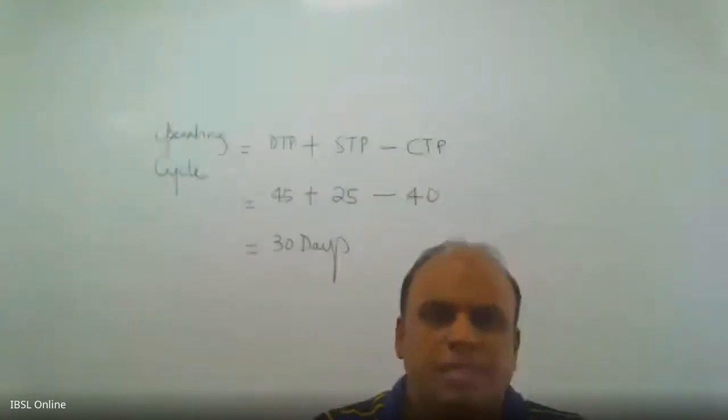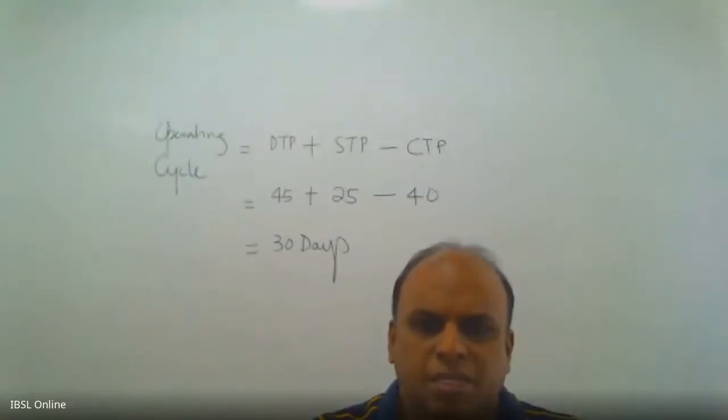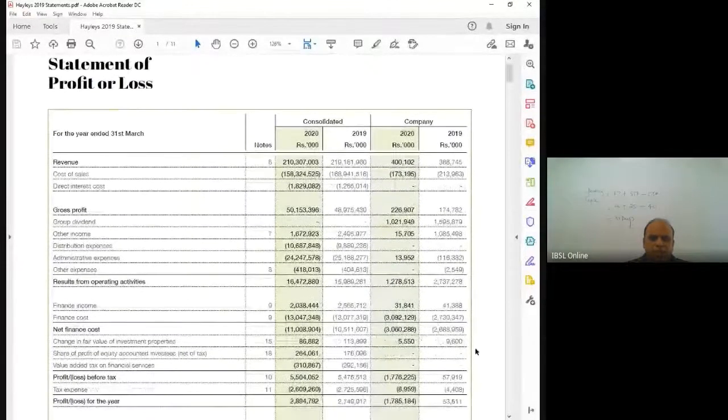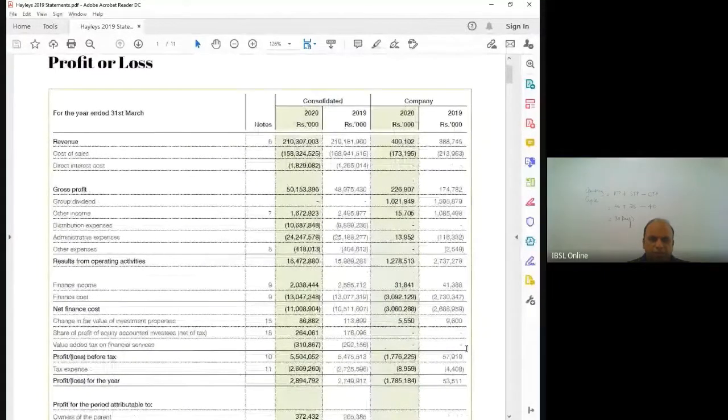This is the Haley's financial statement that I shared with you all. So you will see in this financial statement, this is a profit or loss. You have the revenue. Revenue is your sales. But the problem here is we don't know out of these sales, how much of sales is done on credit basis. That is where we have the problem. Other than that, this is what the sales amount is.